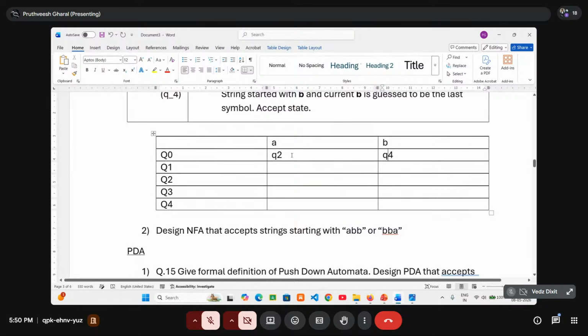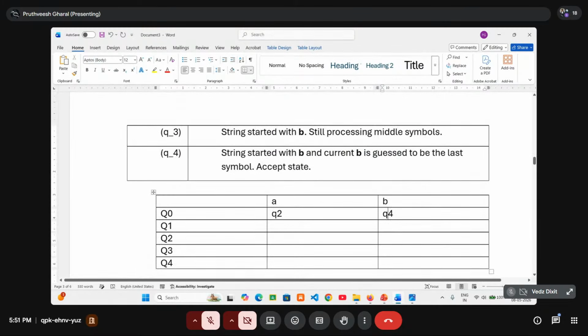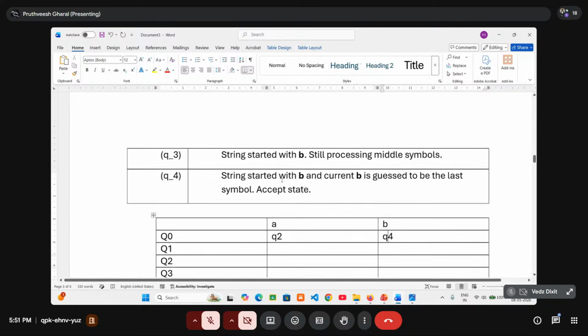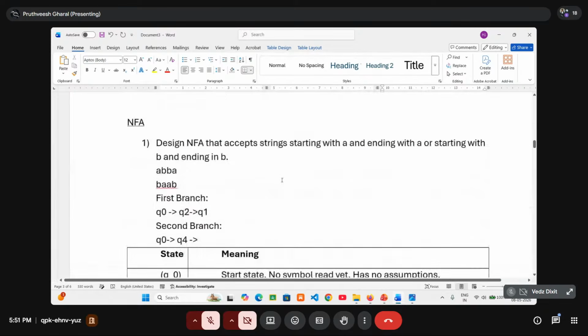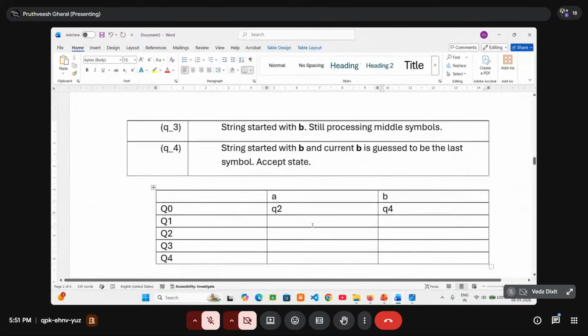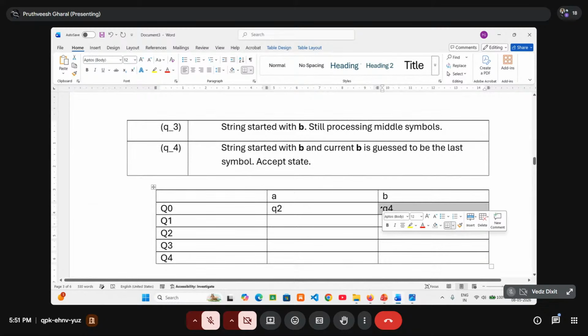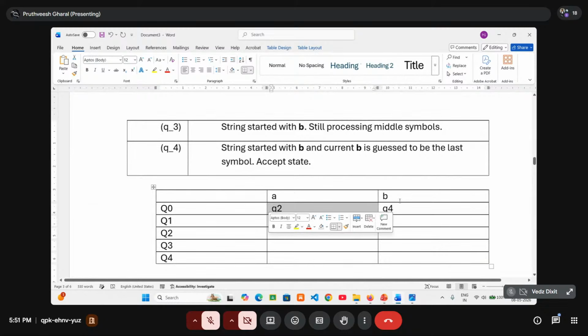Now the rest of the symbols here we define like that. We define the machine to be in the next state based on these two states, Q2 and Q4.